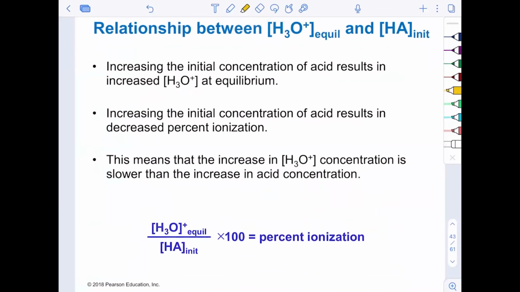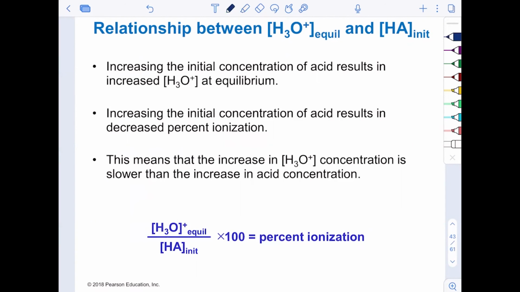Now, increasing the initial concentration of acid results in an increase in concentration at equilibrium. So when we're looking at that relationship between H3O plus at equilibrium and our HA initial, we can then calculate the percent ionization. All right, so going back to the values that we just calculated, the percent ionization of HClO2 can be calculated as well as the pH when we have that ice table.